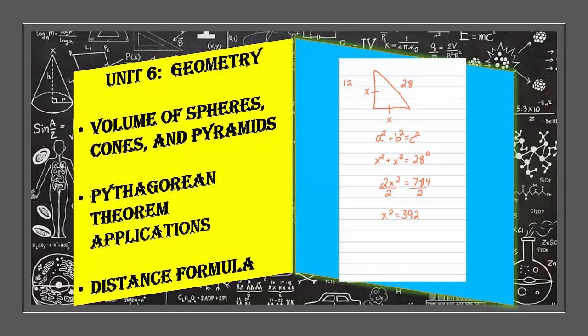And we will then take the square root of both sides, and x is equal to the square root of 392.